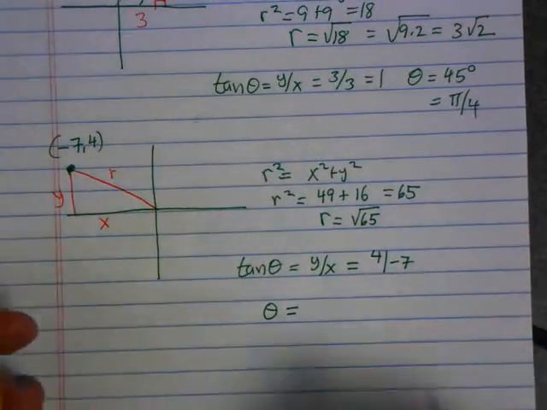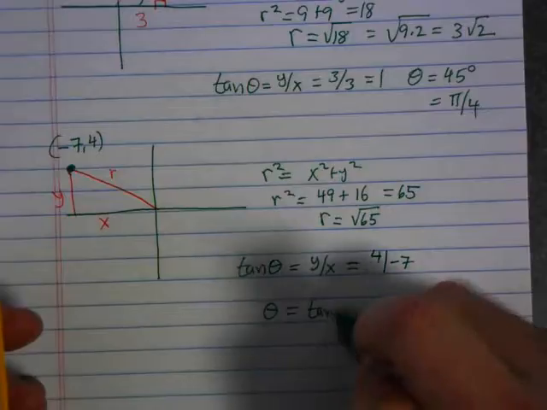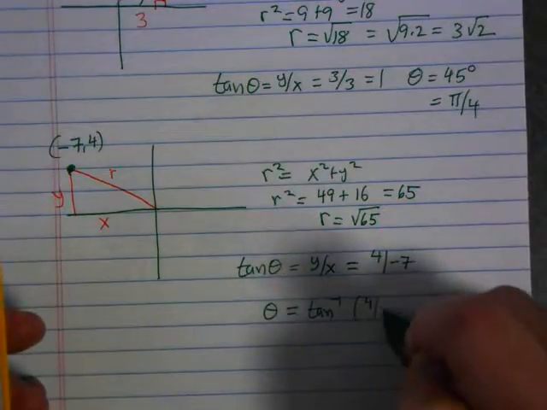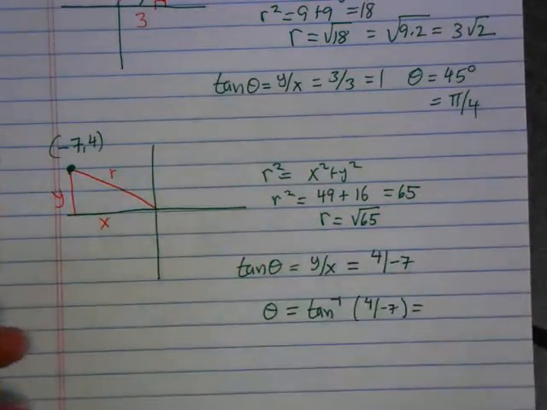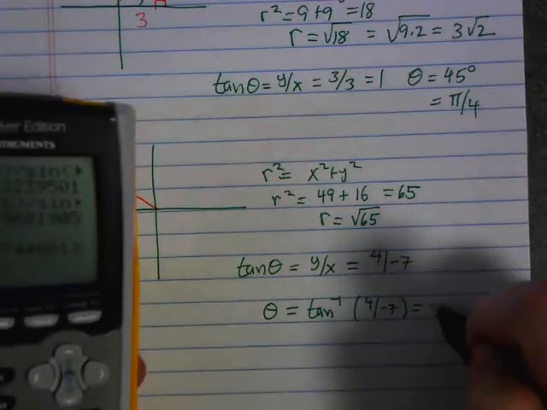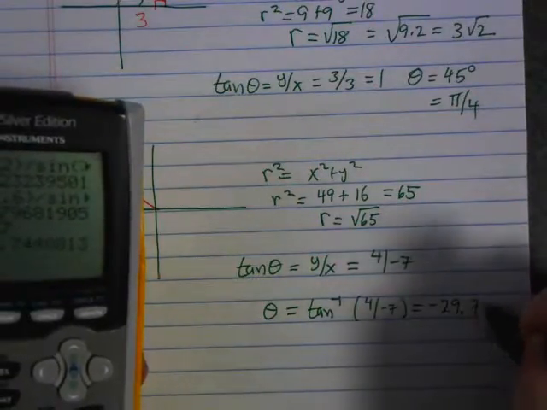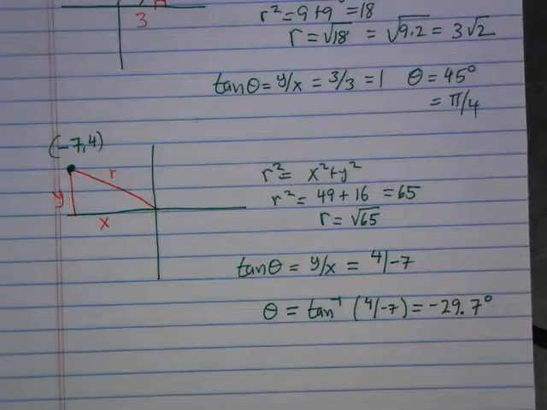Yeah, I use tangent inverse of 4 over negative 7. And I get negative 29.7 degrees. How do I find that in radians? I turn my calculator into radians mode and I type it in.